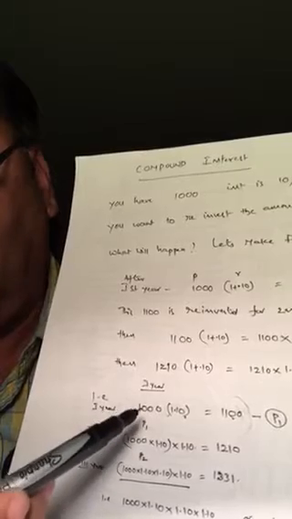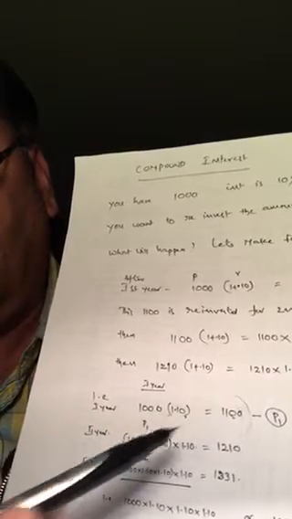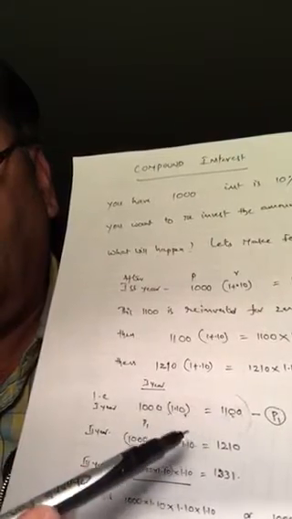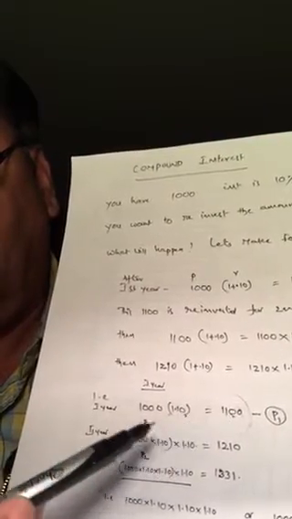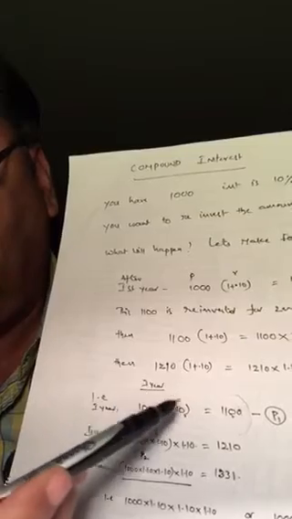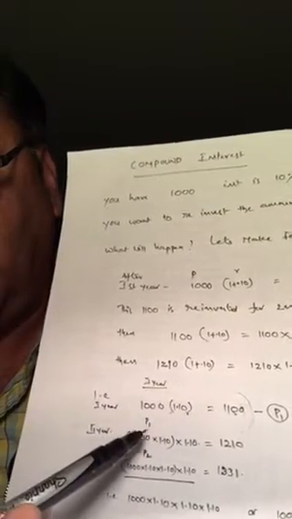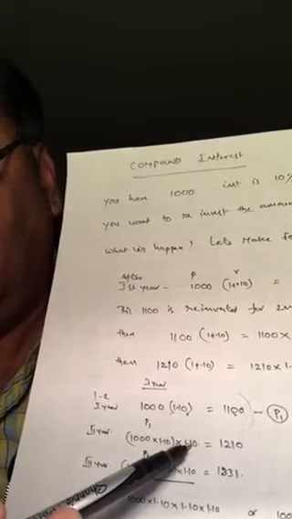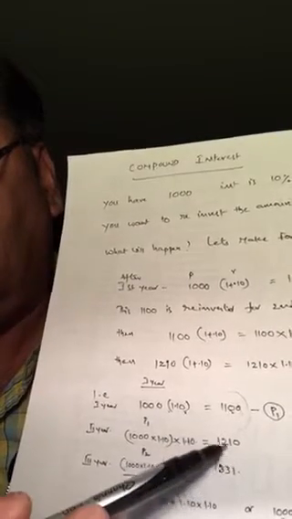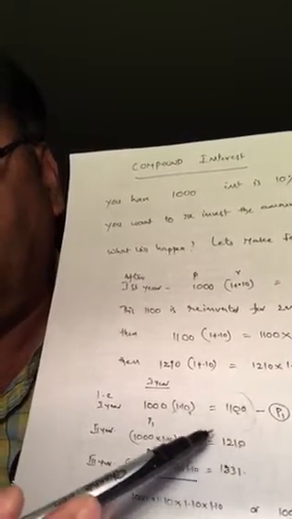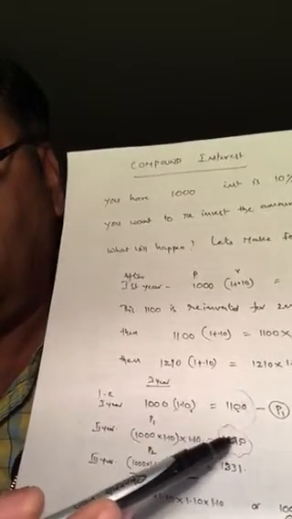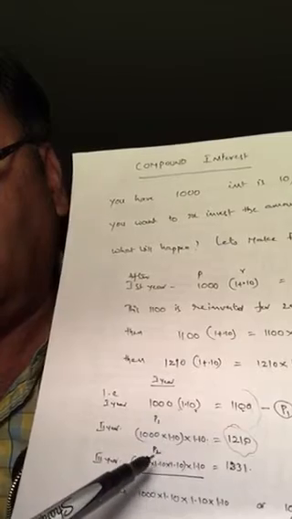How have we arrived at 1100? 1000 into 1.10. So in place of 1100, I can put 1000 into 1.10. So 1000 into 1.10 into the second year's 1.10 becomes 1210. This becomes the principal amount at the beginning of the third year.